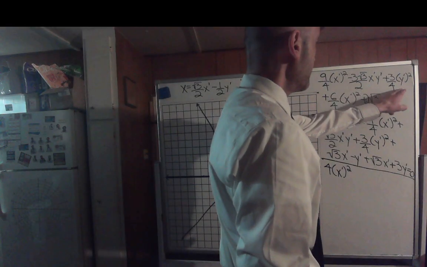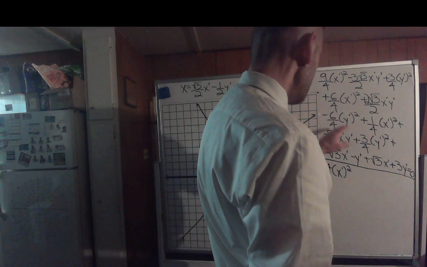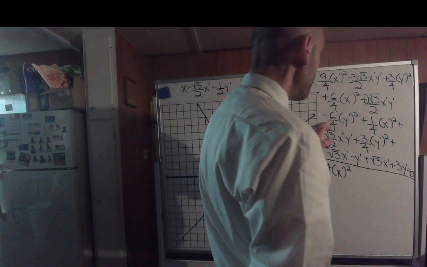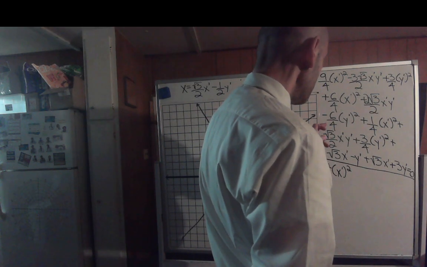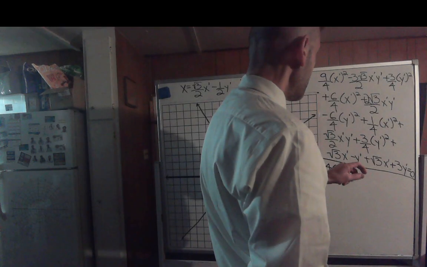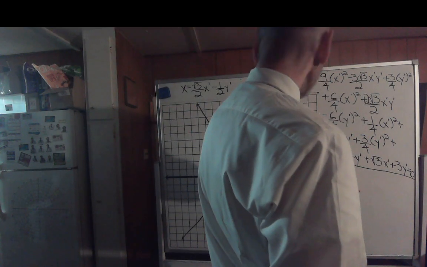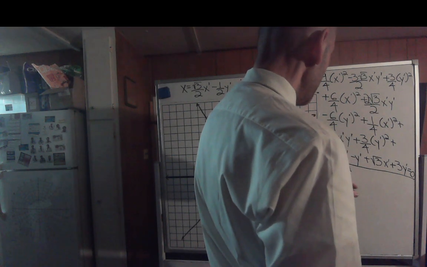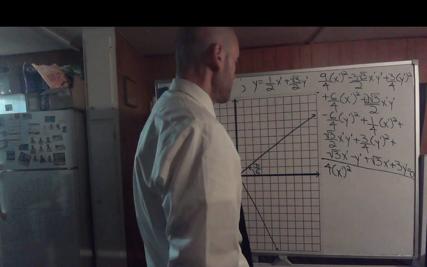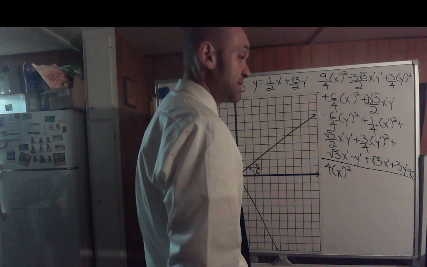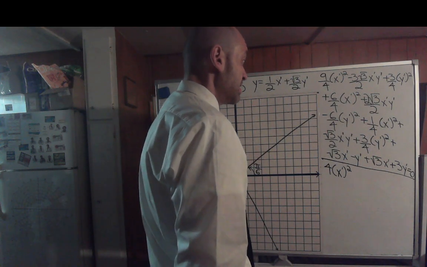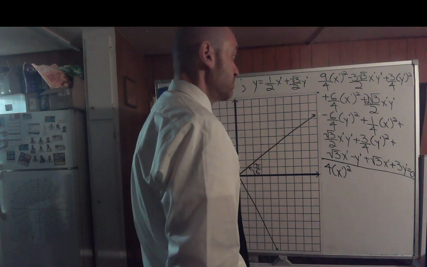So you'll end up having 3/4 minus 6/4 is negative 3/4 plus 3/4 is 0. So actually it looks like we don't even have a y prime squared. Well, that's awfully nice, isn't it? That's really nice. So the y prime squareds are gone.